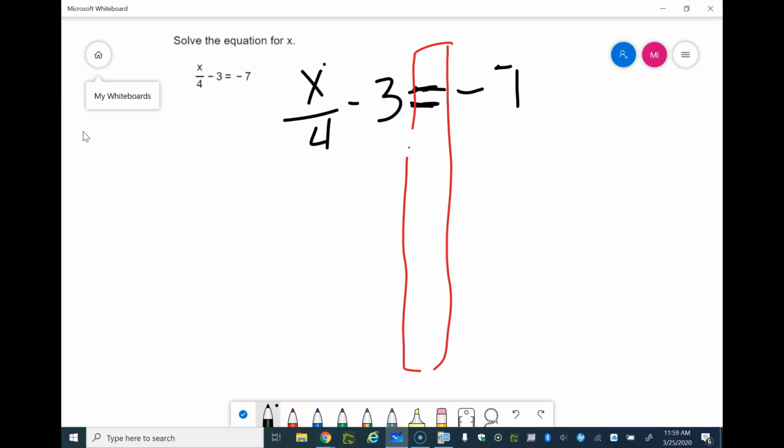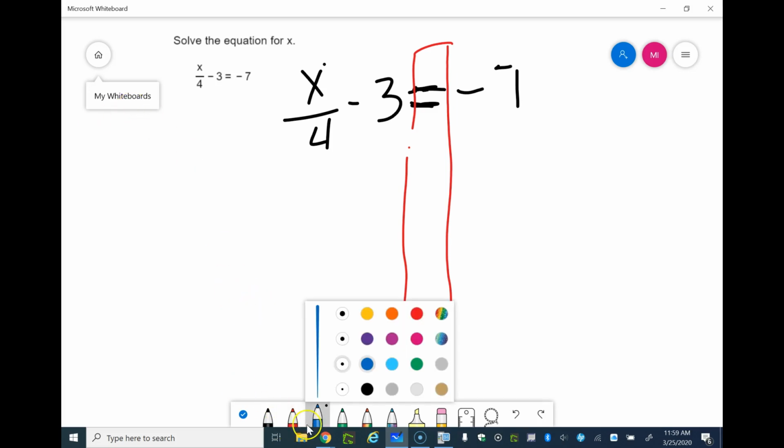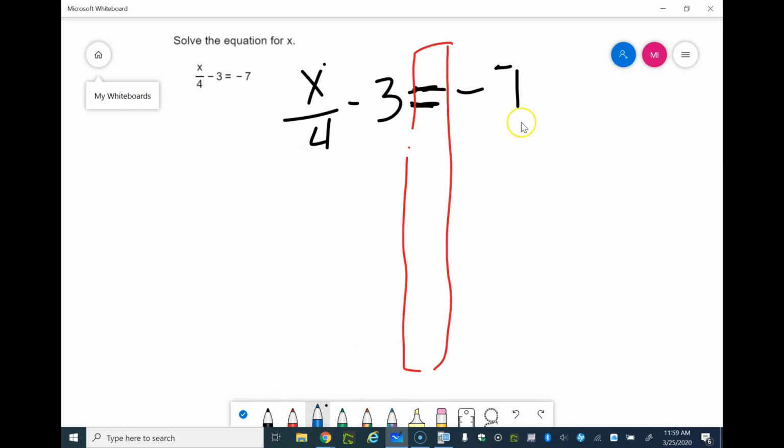And a good question that a lot of students sometimes ask is, what do I usually move first? I know I have to move the 4 over, and I know I have to move this -3 over, but what do I need to move first as far as a problem? A good note that you can write down is always move the number or variable, whatever you're talking about, furthest away from what you're solving for.